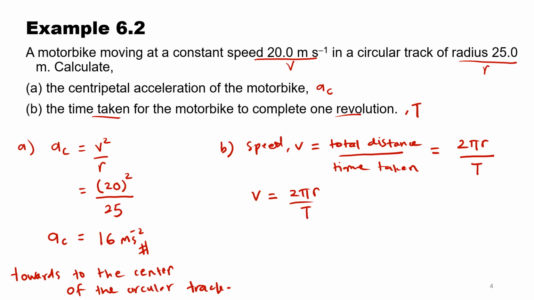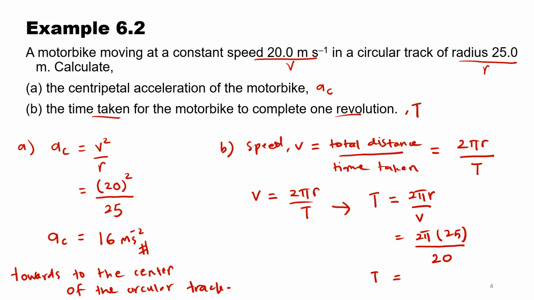So we will rearrange the equation, let T be the subject of the equation. So T is equal to 2 pi r divided by V. So 2 pi times the radius 25 divided by V. V is 20. And finally, we will get the answer.